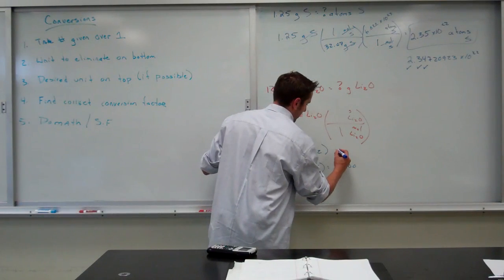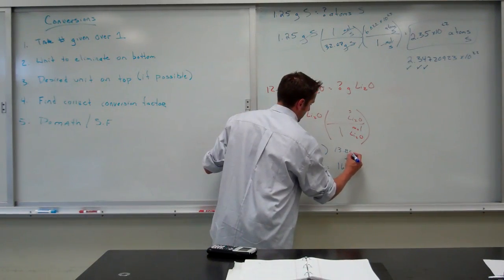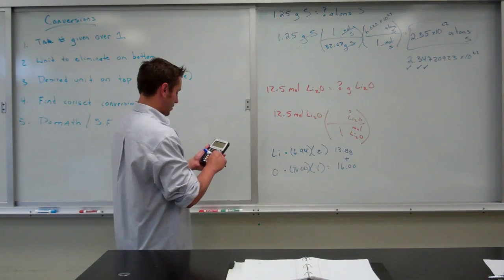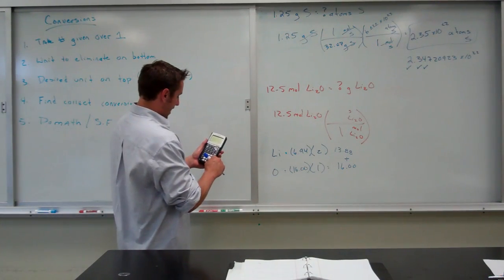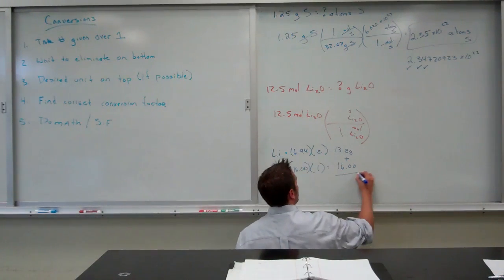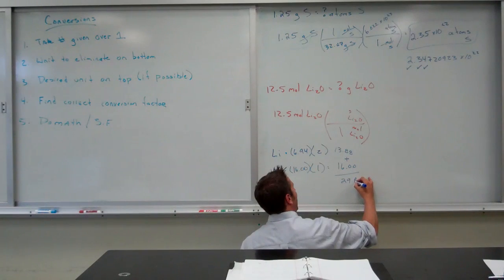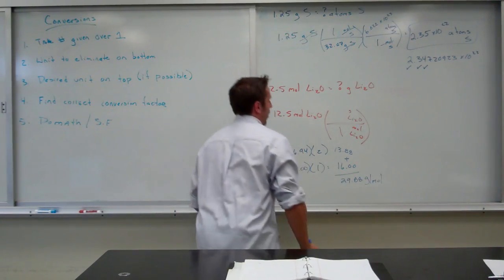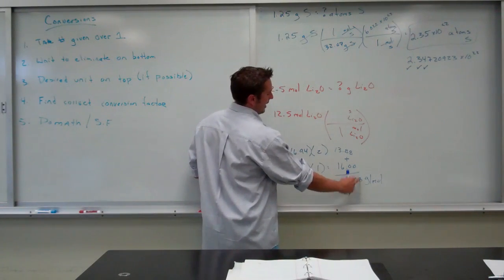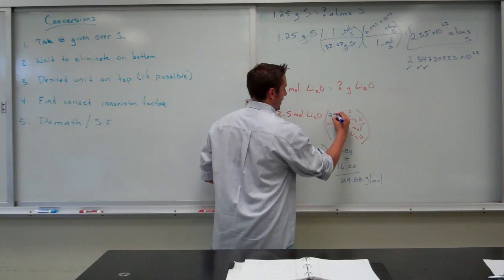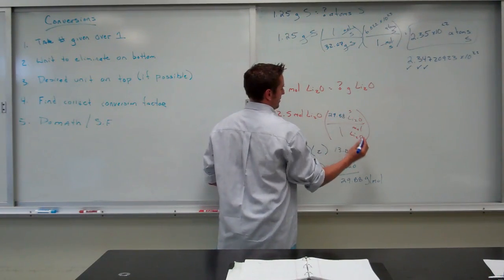So it looks like it's going to be 13.88, but double check in your calc, that's why you have it. Add that to your 16. Looks like you get 29.88 grams per mole. And that is why I'm able to plug the 29.88 in per grams over 1 mole. So 29.88.